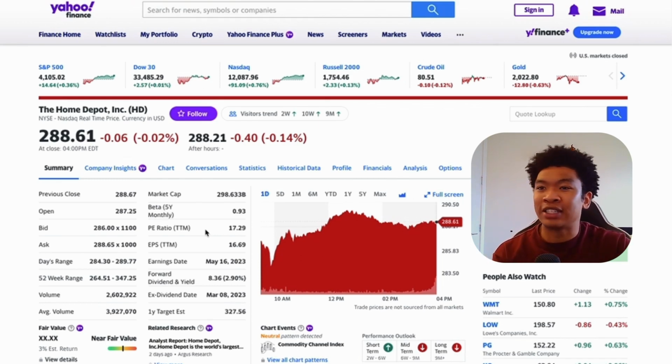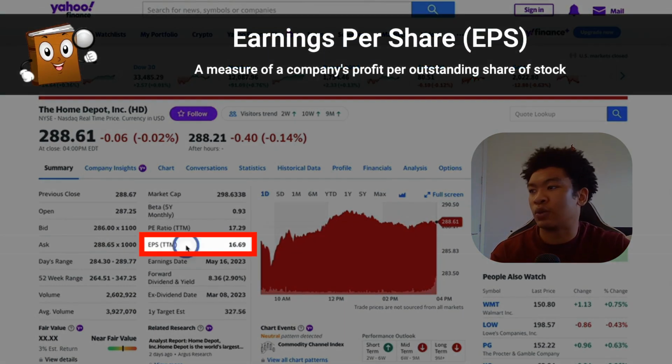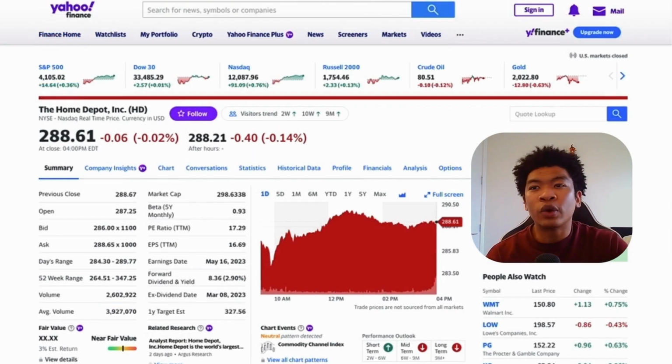So it's calculated by taking the stock price and dividing it by the earnings per share, also known as the EPS, which you see right down here below. Earnings per share is basically the company's earnings divided by the number of shares they have in the market. In other words, you can think of EPS as how much of the company's earnings you're entitled to for each share of a company's stock that you own.